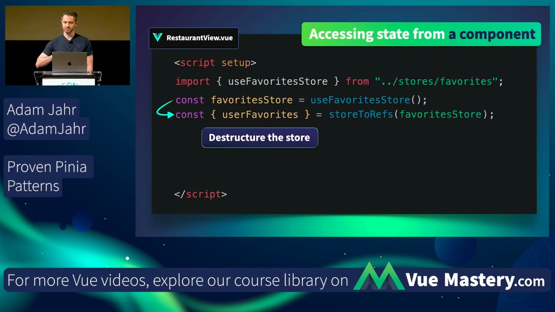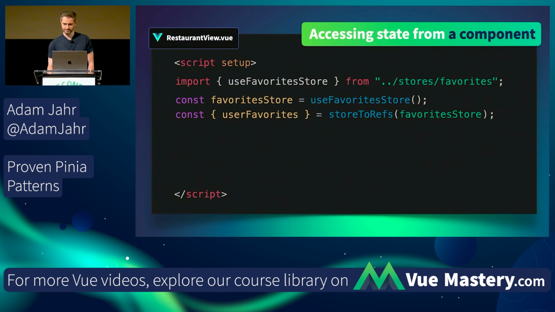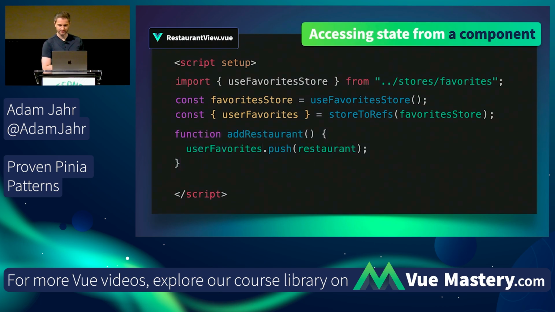And in Pinia, similarly, we can't destructure state properties unless we use a Pinia helper, and that helper is called storeToRefs. So doing it this way is going to keep the reactivity intact. And then once we have those refs, we can make use of that destructured state, push new data onto it, etc.